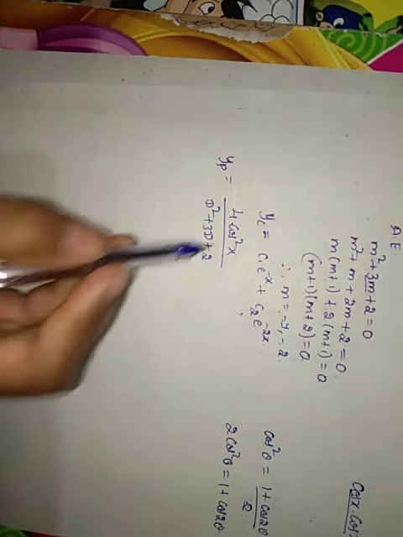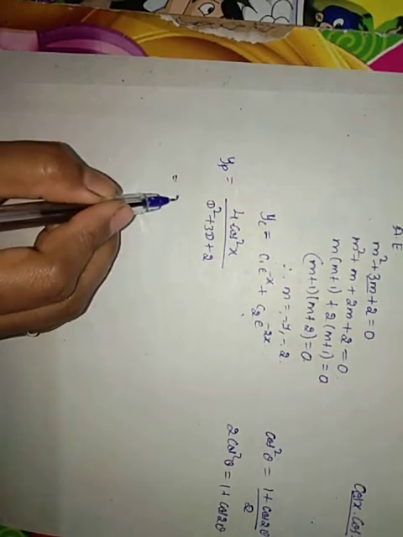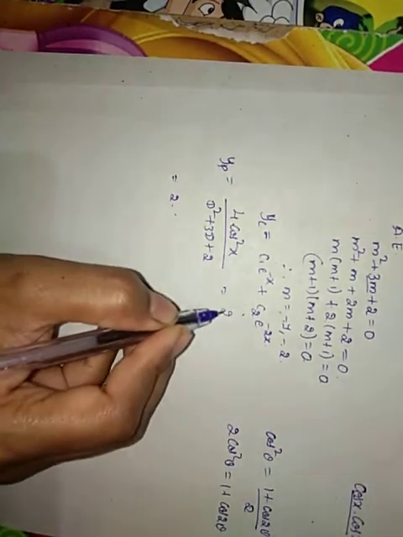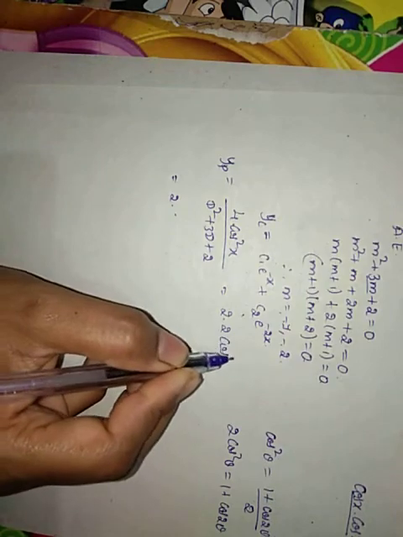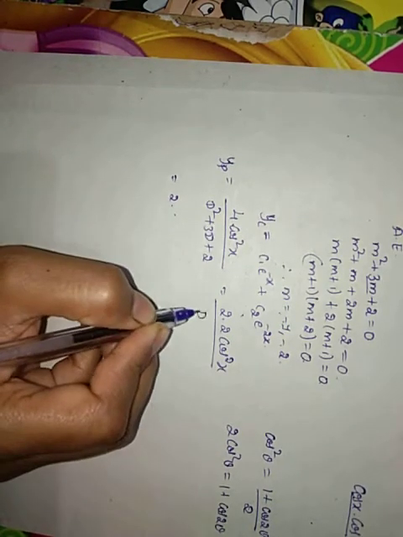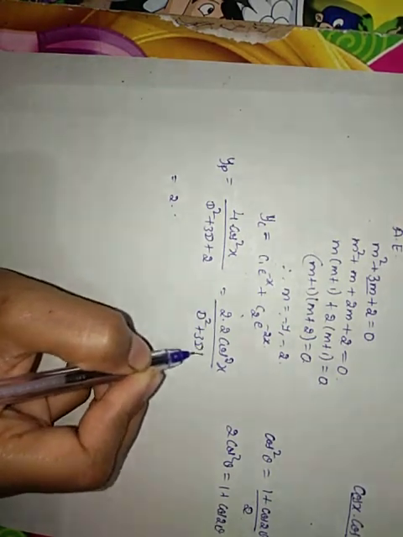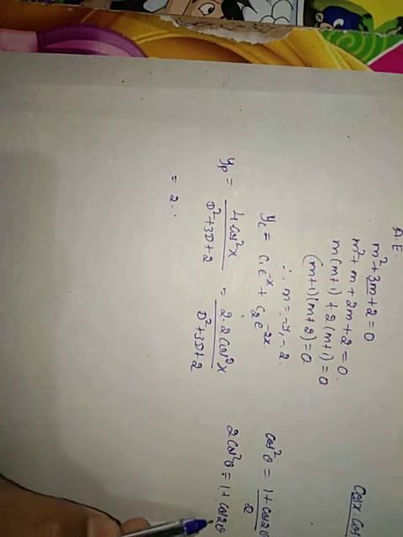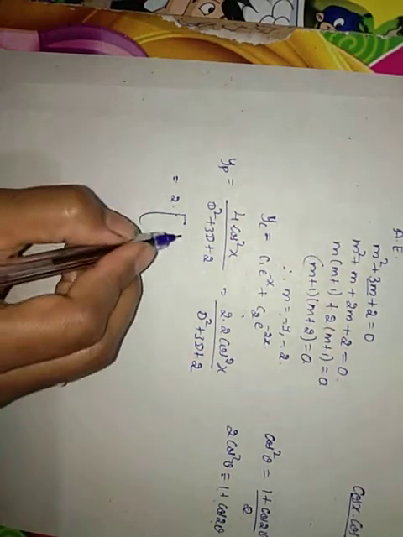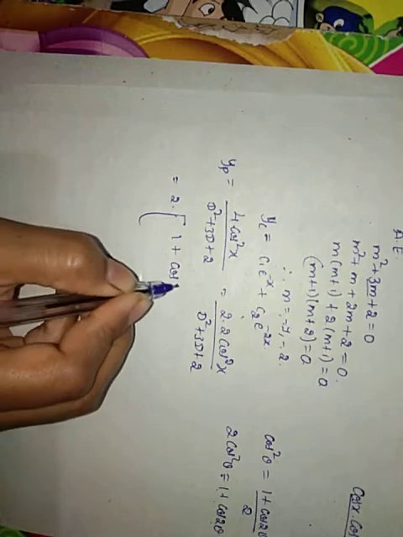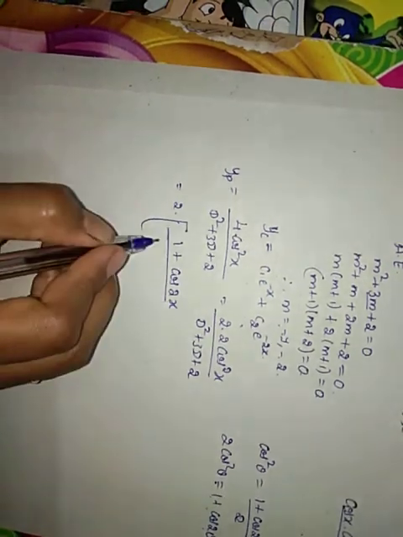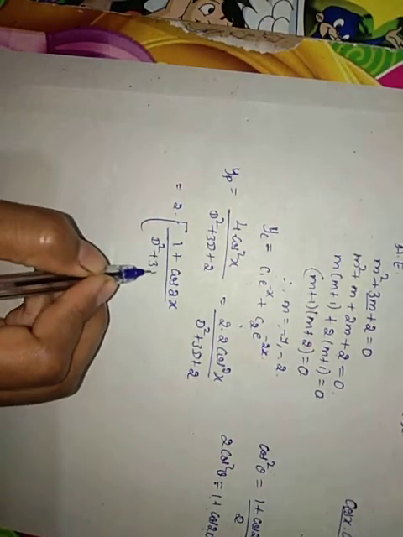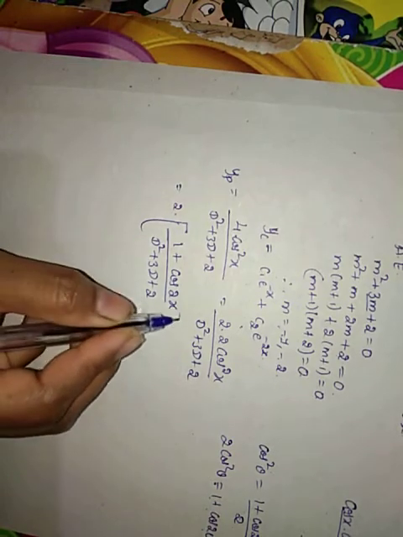That formula will be applied now. 4 cos square x can be written as 2 into 2 cos square x divided by D square plus 3D plus 2. 2 cos square x is equal to 1 plus cos 2x. So, 1 plus cos 2x divided by D square plus 3D plus 2.